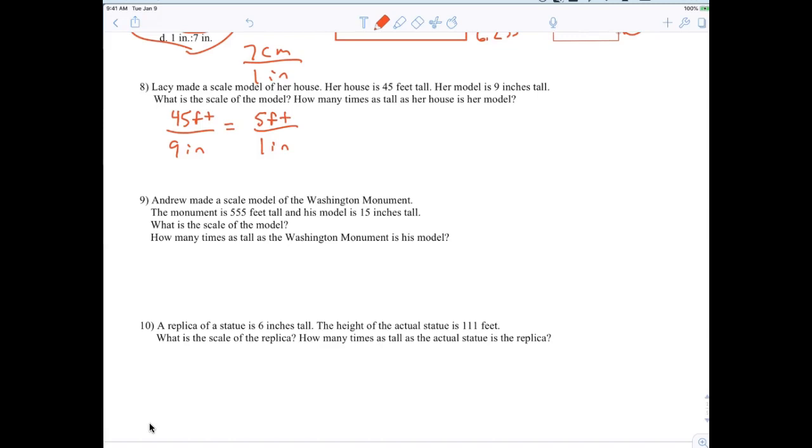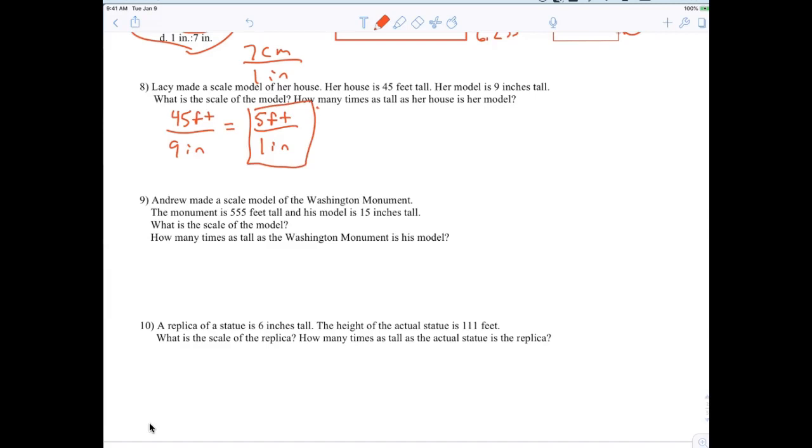All right, but the problem is how many times as tall is her house? What would that answer be? I think it'd be 60 times greater. You with me on this? The scale is what? 5 feet to 1 inch, right?